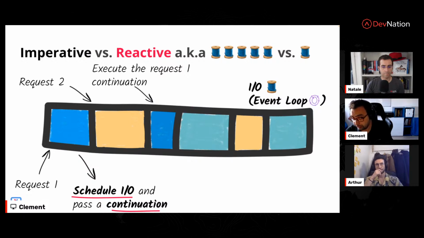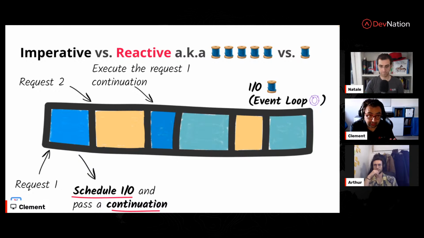So how does it work? Well, you receive a request, you start the processing, and as soon as the processing cannot make progress anymore because it needs to do some I/O, again, calling another service, doing some database interaction or whatever, it is going to schedule this I/O in the operating system and associate to this I/O a continuation. What's a continuation? A continuation is a block of code that is going to be invoked when the I/O is complete.